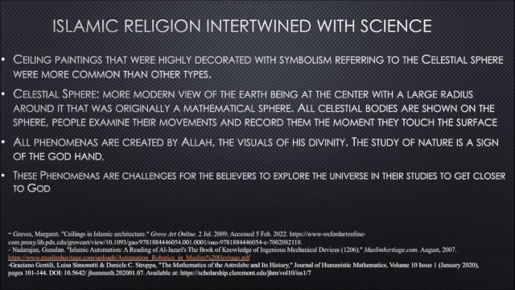Astrolabes are mathematical devices. All celestial bodies are shown on the sphere, and people examined their movements and recorded them the moment they touch the surface. Now, celestial bodies, that is God, that is Muhammad, that is going to be the constellations, the zodiacs. Those are celestial bodies, celestial beings. They're not of this realm, potentially.